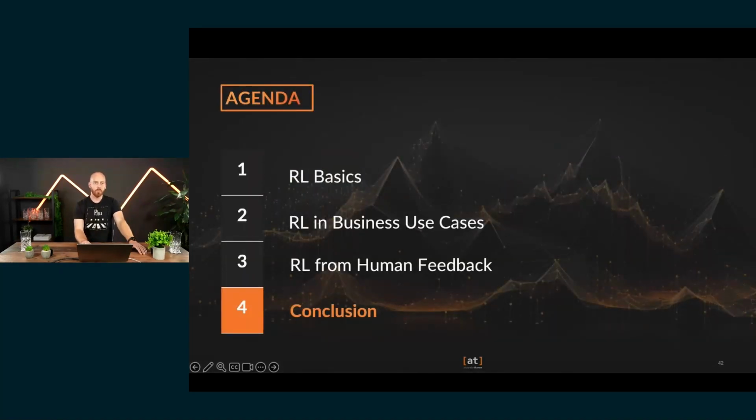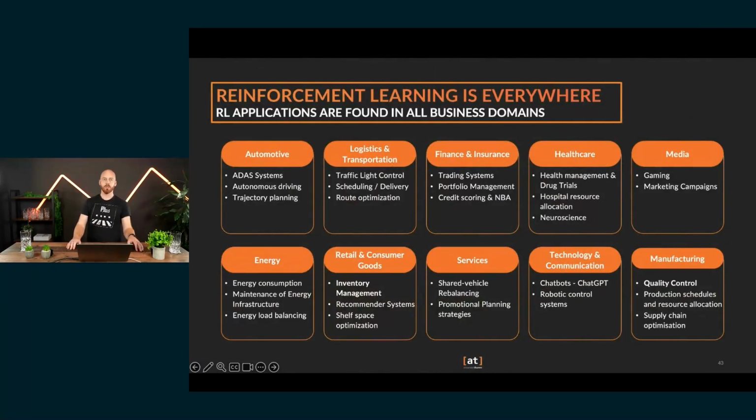And with that, I want to come to a conclusion of today's webinar. At first, let us have a look at this quite overwhelming slide with all the industries. But what I want to highlight here is what Philipp already said, that it doesn't depend on the industry you are in whether you can model your problem as a reinforcement learning solution.